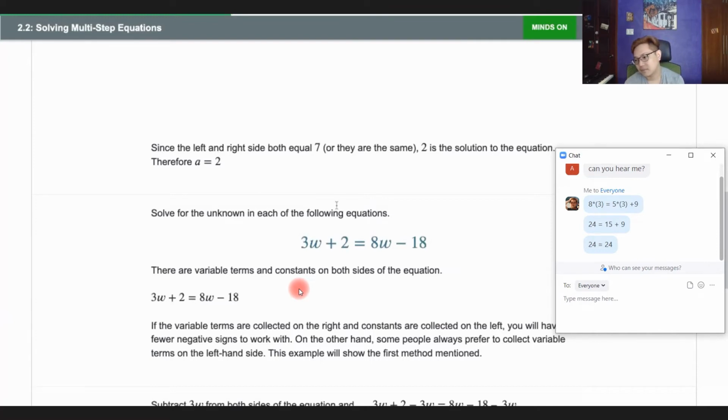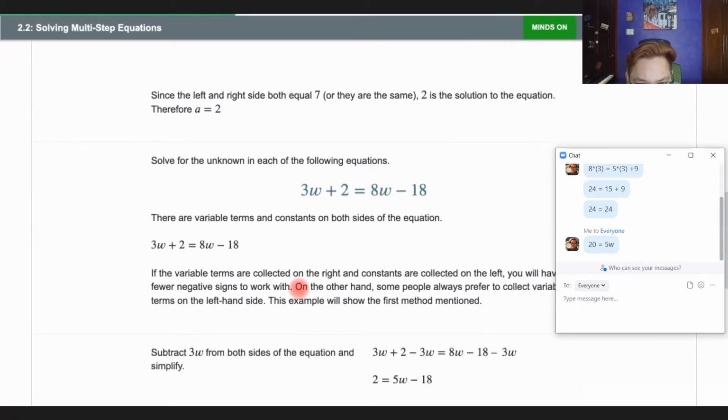And then you bring the 18 to the other side, which becomes addition, and 18 plus 2 is 20. And 20 equal 8w. And then bring 8 to the other side, and 20 plus 8 equal 28. 28 equal w.